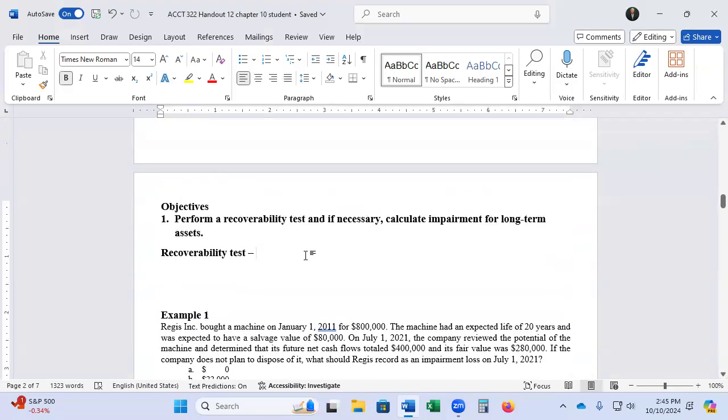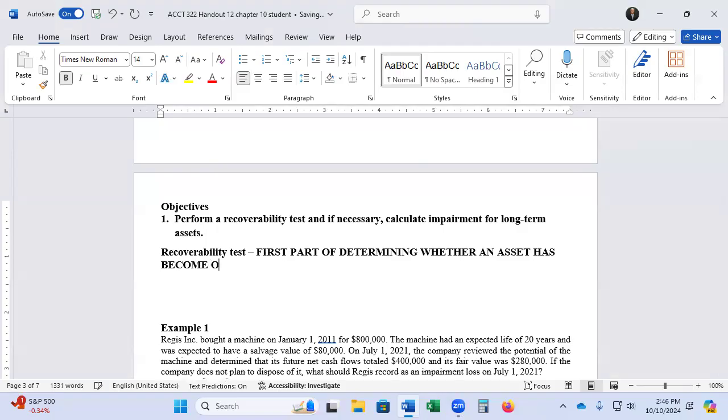Okay. So let's talk about performing a recoverability test and calculate the impairment for long-term assets. So a recoverability test is the first part of determining whether an asset has become impaired.